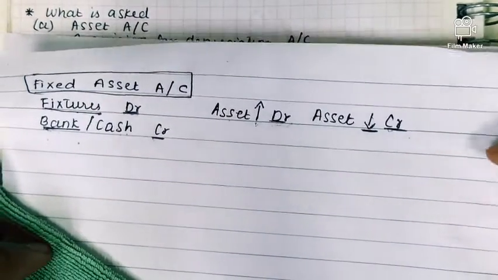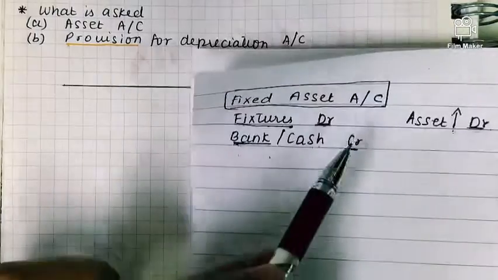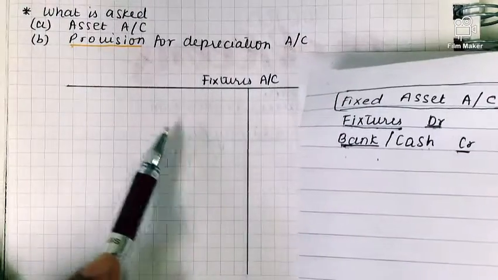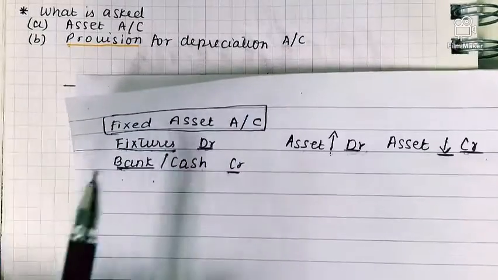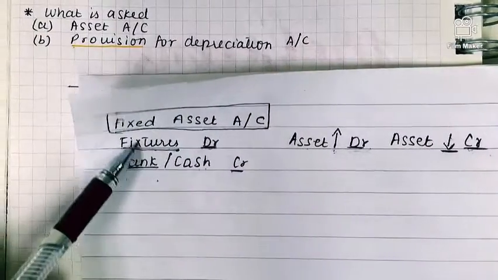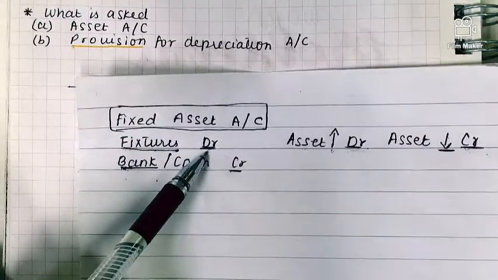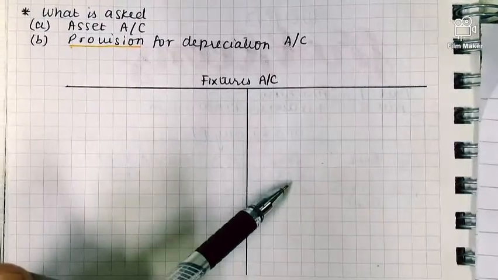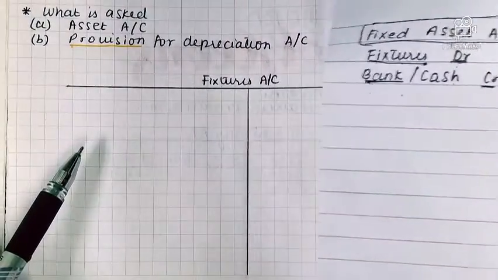Now hopefully you guys understood this, and we're going to move on to the fixtures account. This is the main explanation for whatever is being debit or credit here. Now another thing to remember is that in these entries that we are learning right now, whatever is debited becomes credited here, and whatever is credit here becomes debit here.